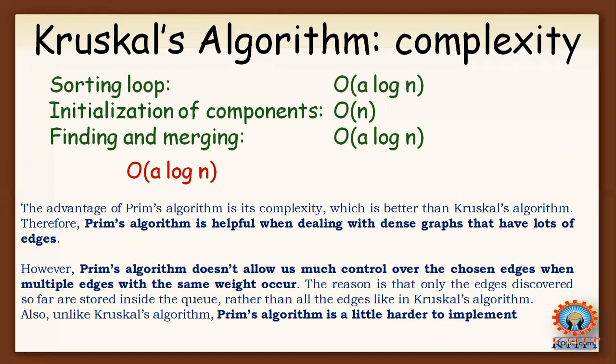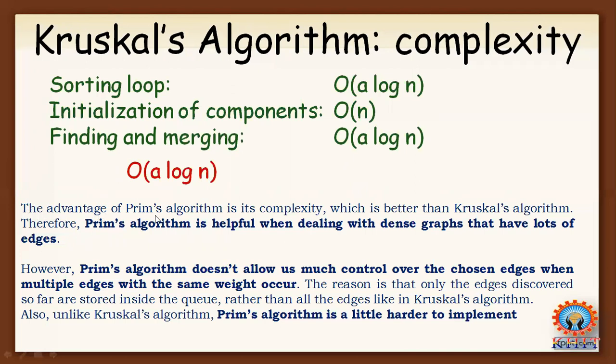Friends, we have seen two different algorithms which can be used to find the minimum cost spanning tree by using the principle of the greedy method, namely Prim's and Kruskal's algorithm. Now we will see which one is the best algorithm, Kruskal's or Prim's.